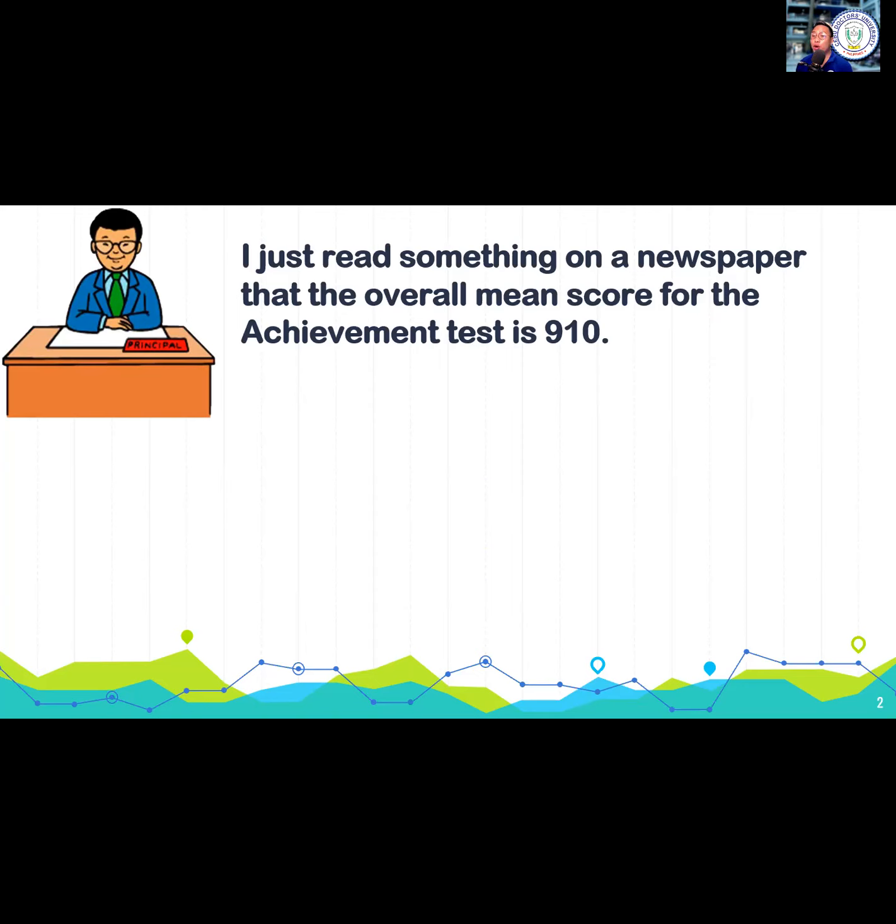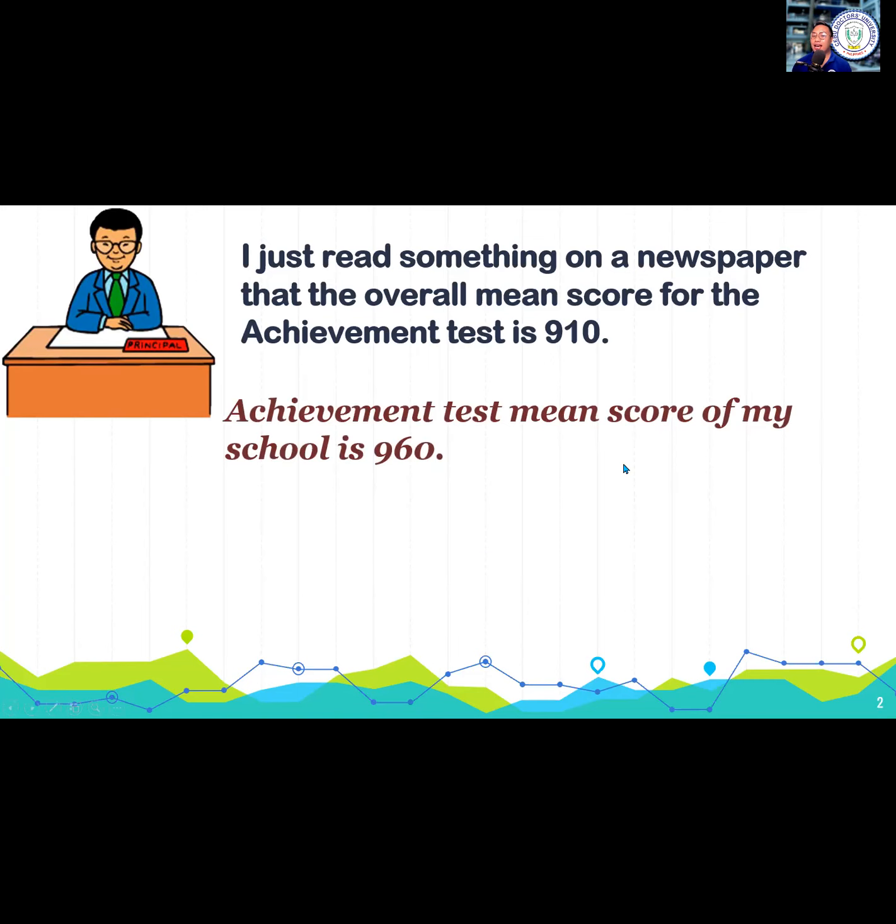A school is proud if the percentage or average is high. Now, he verified that the achievement test mean score of his school is 960, which is greater than the overall mean score of 910.